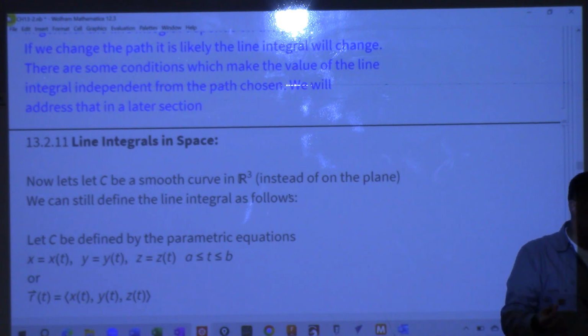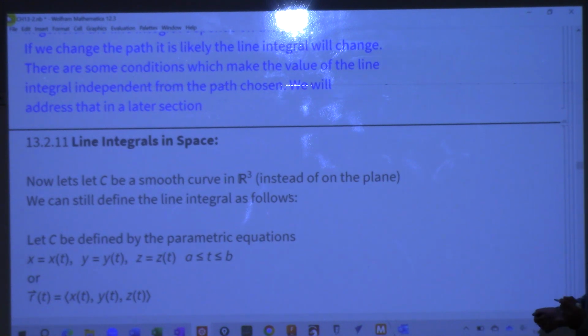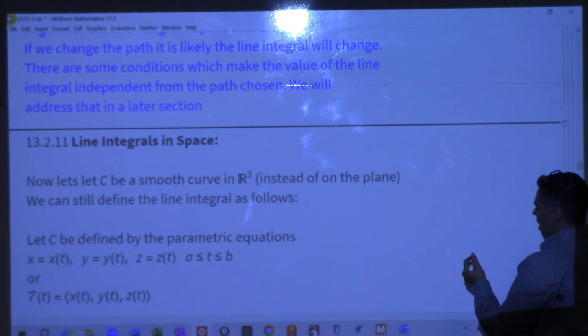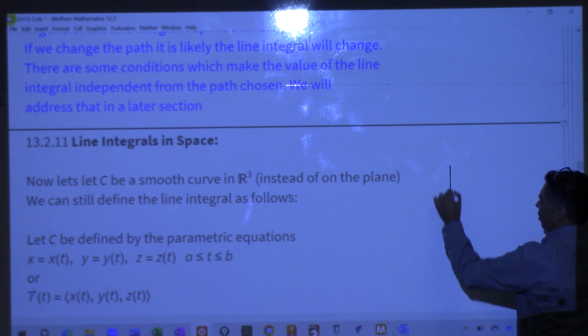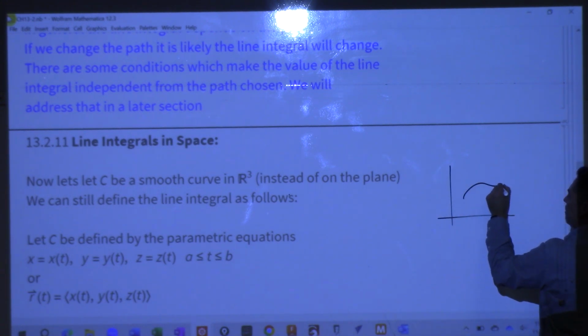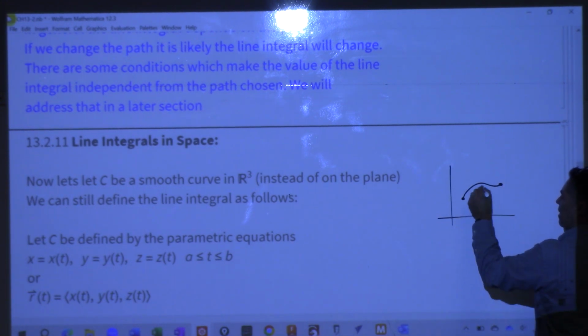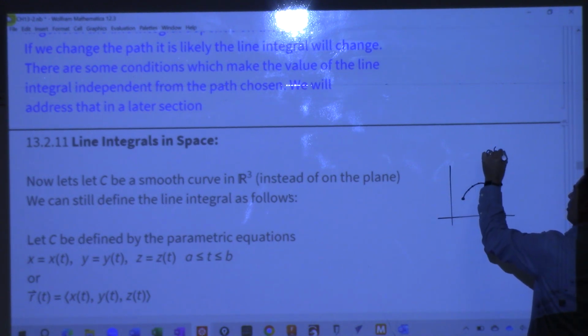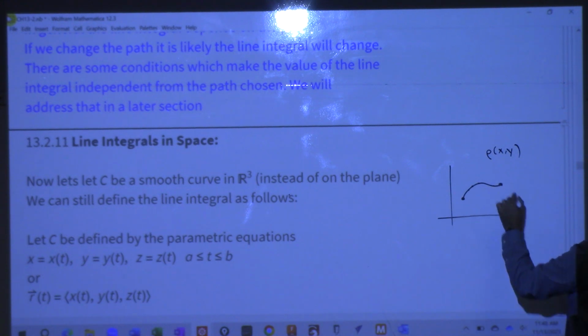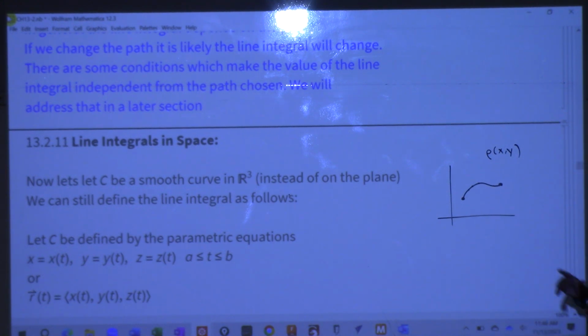When I first introduced the idea, I said you could look at it as a curve in space where I give you the density at every point, some density function, and then we can use that to find the mass of this wire, and then the moments, the center of mass, and all that stuff, right?